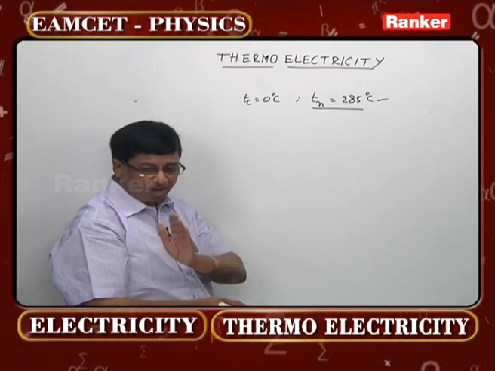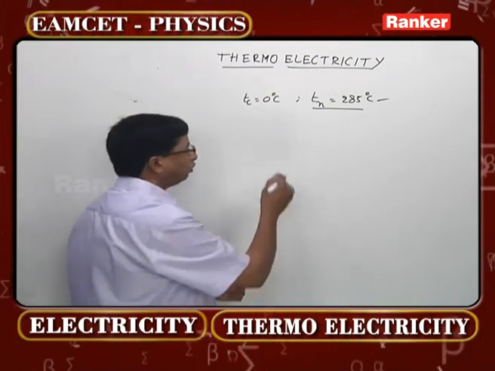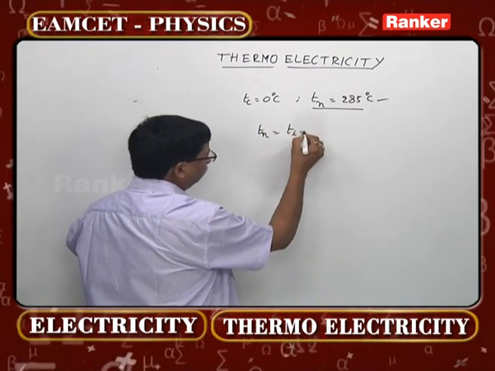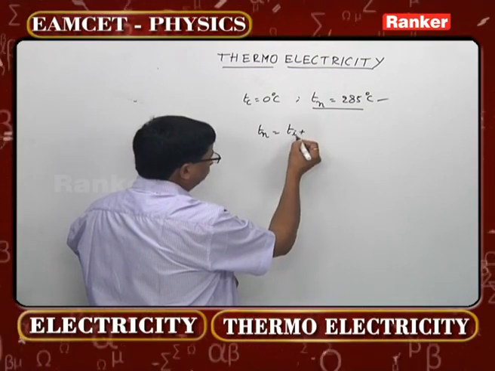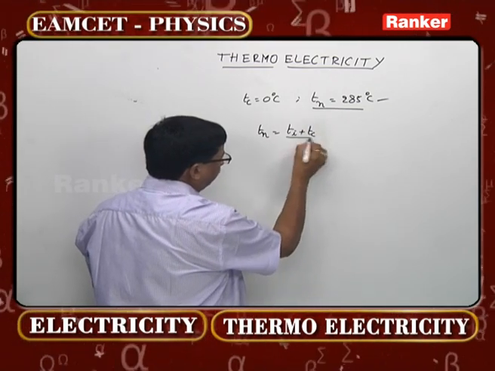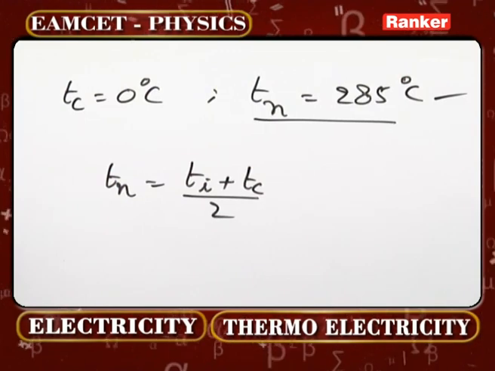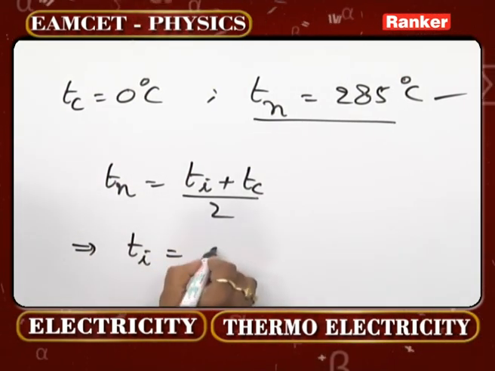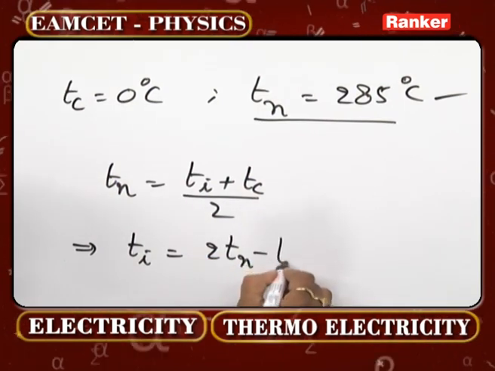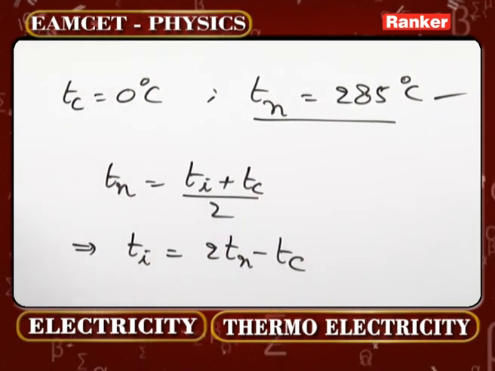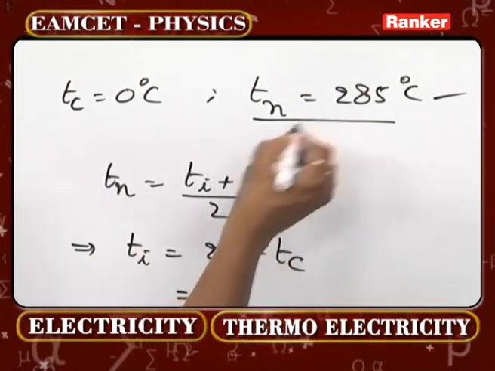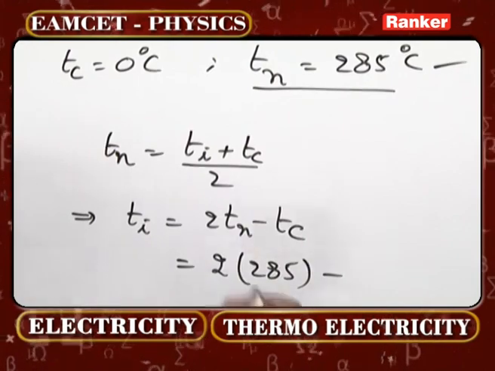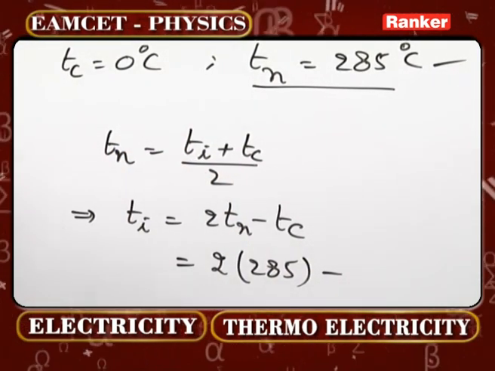But there is a second half in the problem. Let us even work out that one also. We know very well neutral temperature is equal to inversion temperature plus cold junction temperature by 2. That was the equation I have already told you. So what will be inversion temperature from this one? Twice neutral temperature minus cold junction temperature. Now what is neutral temperature we have got? 2 times 285 minus cold junction temperature, present value is how much?